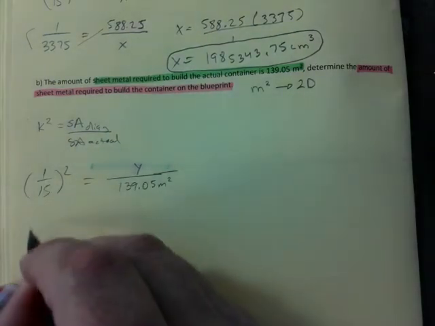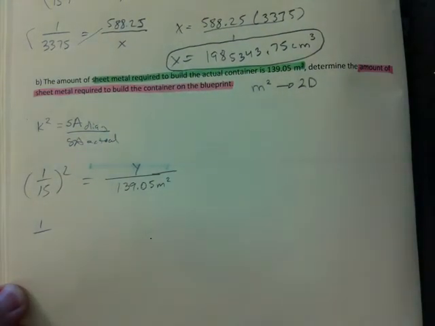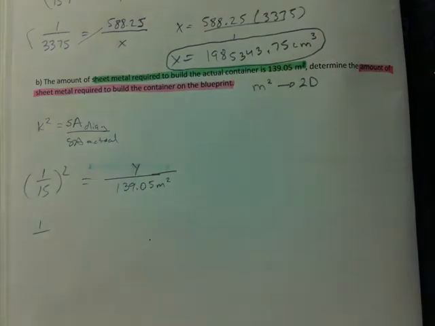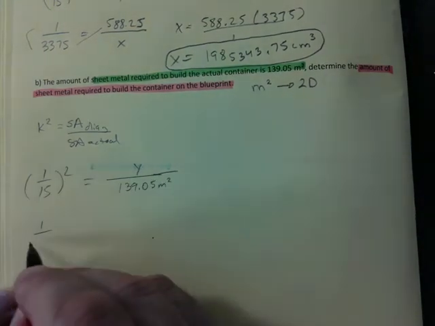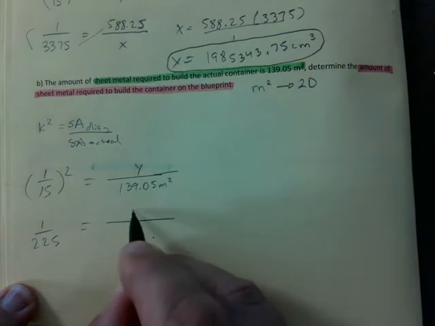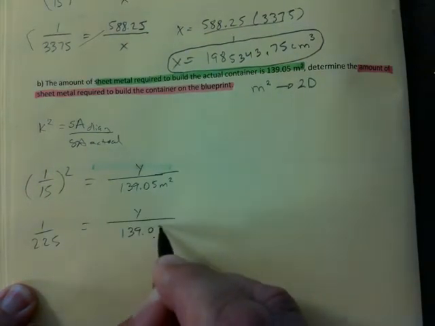So then I square the whole fraction. If that had been a decimal, then you just square your decimal. You remember the trick? If it's a decimal, over 1. I put the over 1 just to see that it's still a fraction. So 15 squared, 225 is equal to y over 139.05.